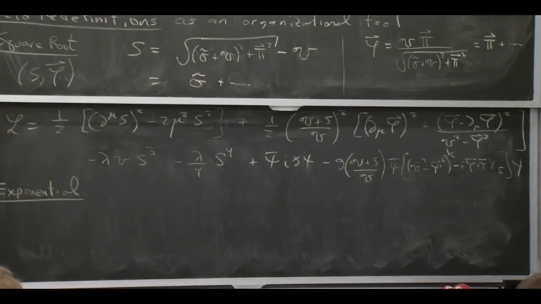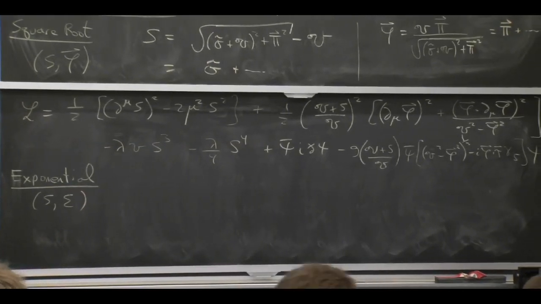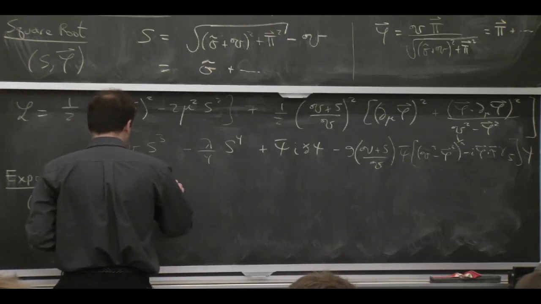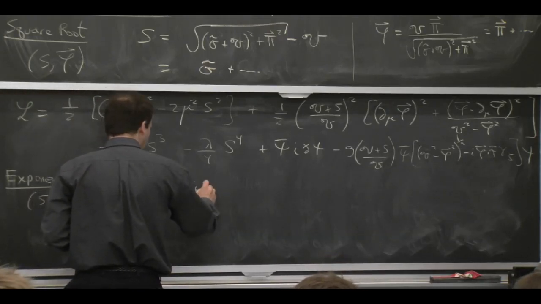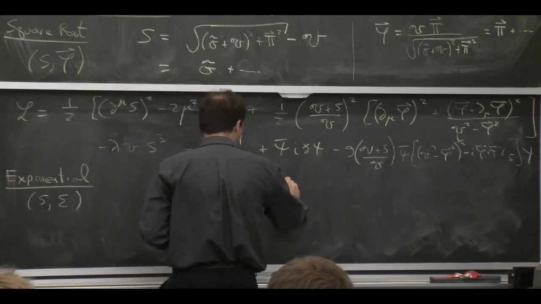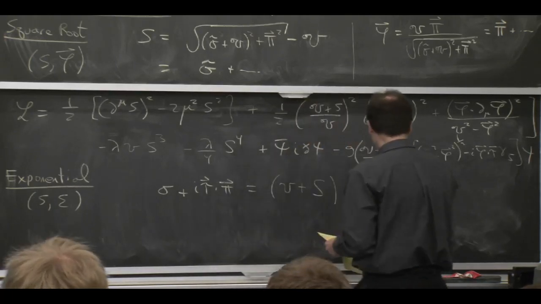So there's something called the exponential representation, also very common in the literature, where instead of using S and phi, we use S and sigma. So we take our original fields and we rewrite it as v plus S times sigma.